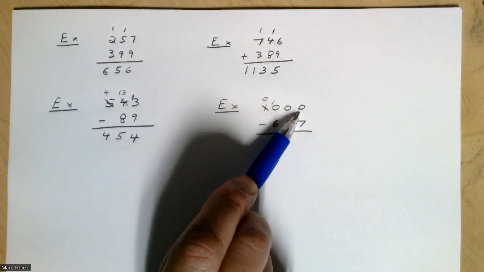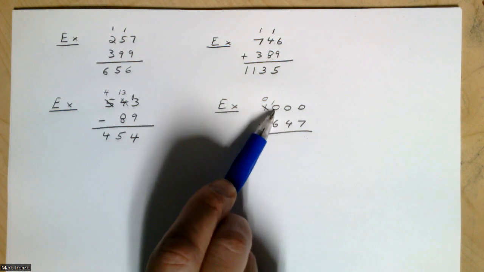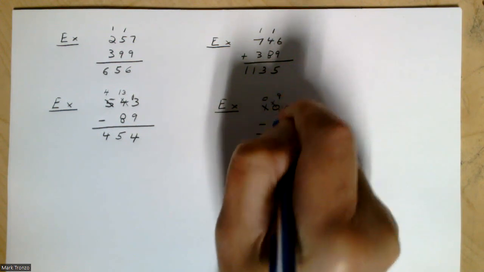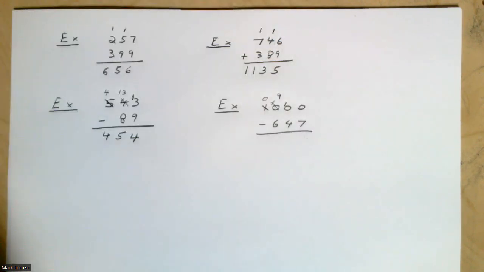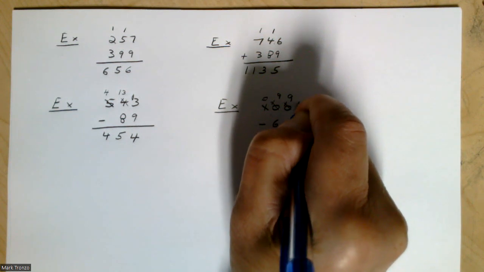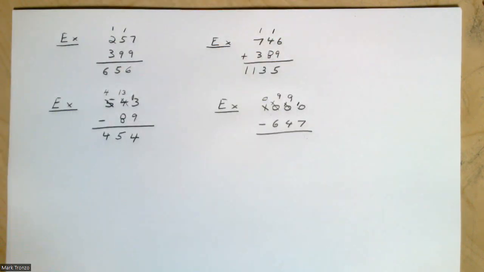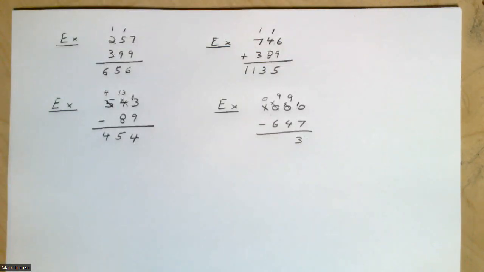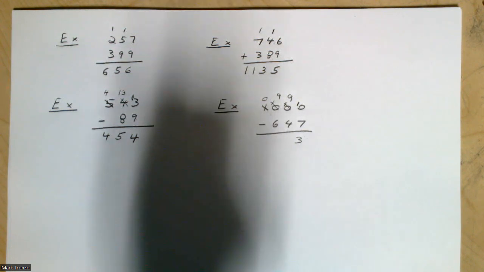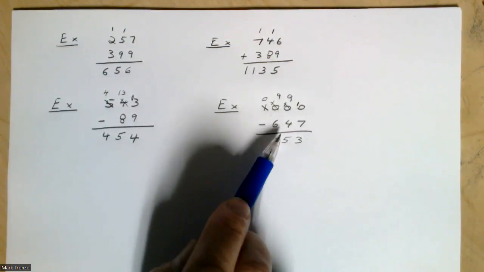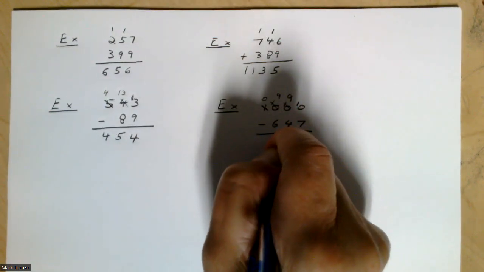But again, remember, we have to supply something up here, so we have to go all the way across. So again, we have to cut this down to 9 and bring a 10 over here. And finally cut this one down to 9 and bring the 10 here. So 10 minus 7 is going to give us 3. Then 9 minus 4 is going to give us 5. 9 minus 6 is going to give us 3.